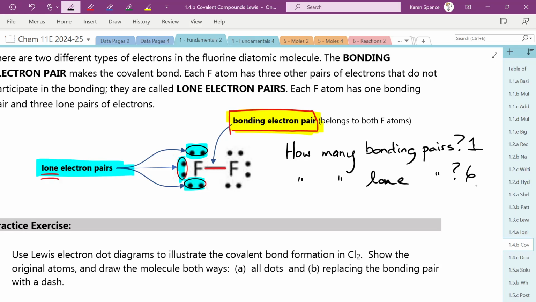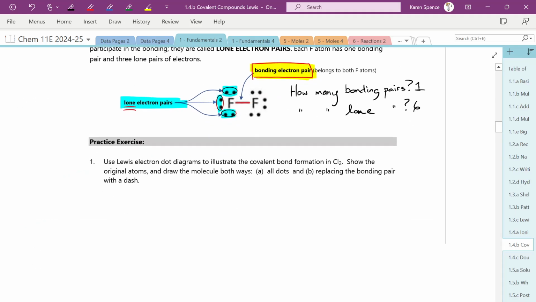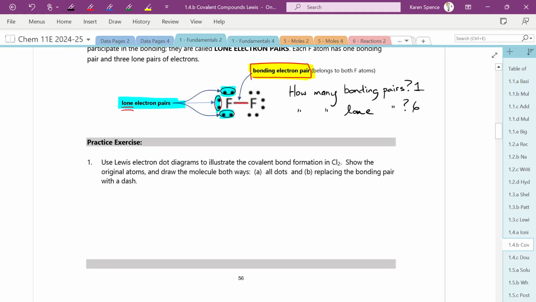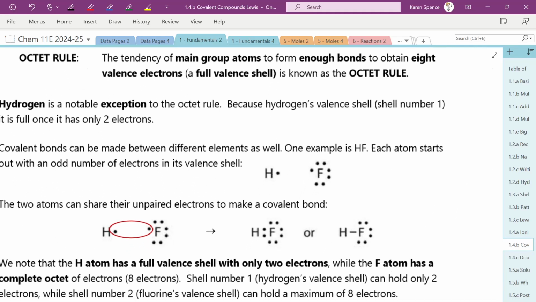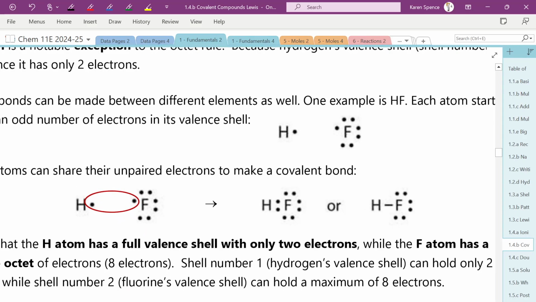Is good? Okay. Do you feel like you need practice drawing Cl2, or can we skip that? Skip? Okay. You can go back and try it if you want to. Same thing works for if you have elements that are different from one another. It doesn't matter. Hydrogen, of course, you have to remember hydrogen needs only 2 electrons, so it's satisfied.